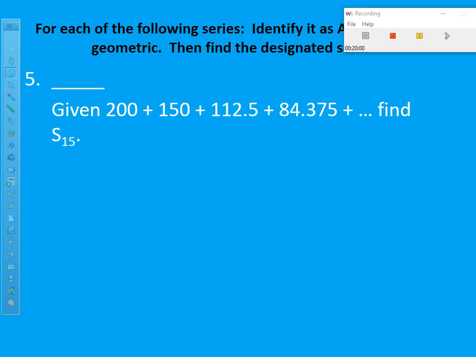Now, on my next little group here, all of these are going to be series. We're only going to do 4 problems. All of these will be series. We just have to decide if it's arithmetic or geometric. If it's geometric, we're going to go straight to this formula, the g sub 1 times r to the n minus 1 over r minus 1.